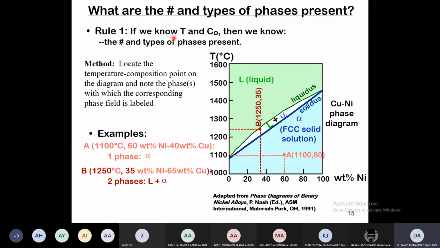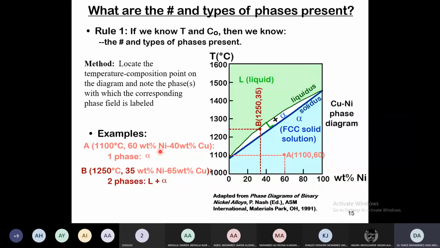Rule number 1: if we know the temperature and composition, then we can know the number and type of phases present. For example, let's look at this example. If we are at point A, which is at 1100 degrees centigrade, that's the temperature, and we are at 60% by weight nickel, since we have a binary system here.